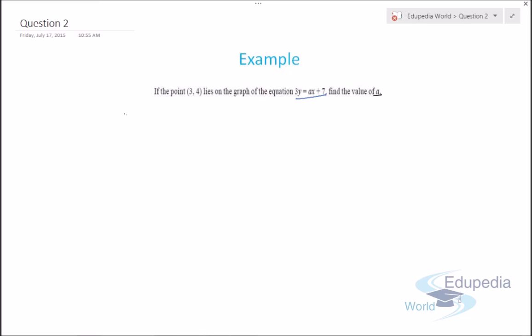Now we need not draw the graph for this equation. Why? We can solve it directly. If this point 3 and 4 lies on the graph of this equation, it means this point 3 and 4 is a solution of this equation. So if the equation is 3y equals ax plus 7, and 3 and 4 is a solution of this equation, this means that these values of x and y must satisfy this equation.